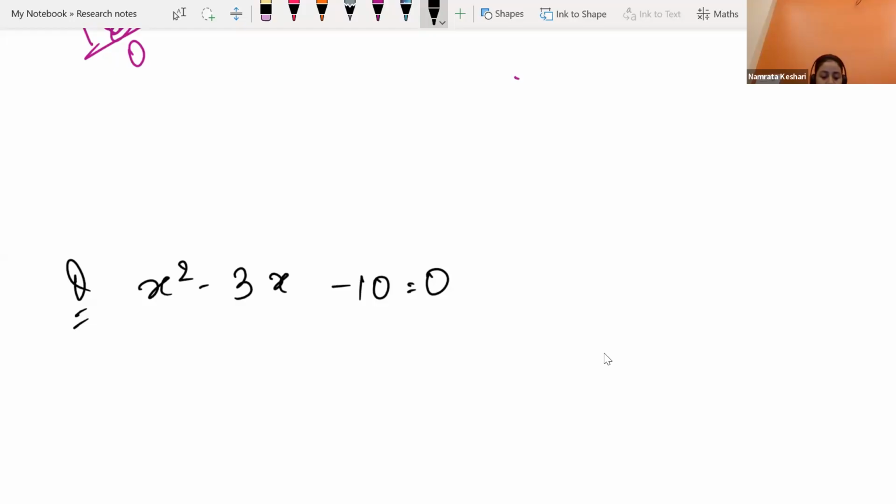Okay, I found it. I got the first one is x plus 2, and the second one is x minus 5.